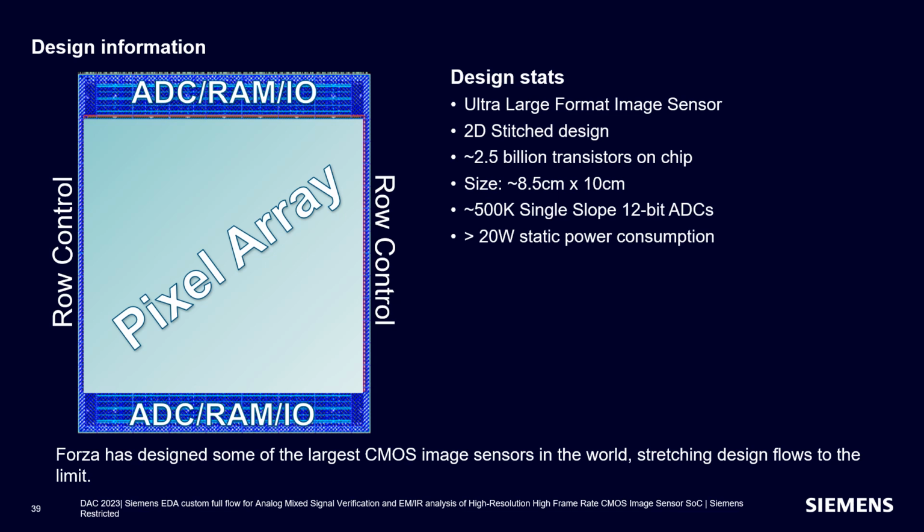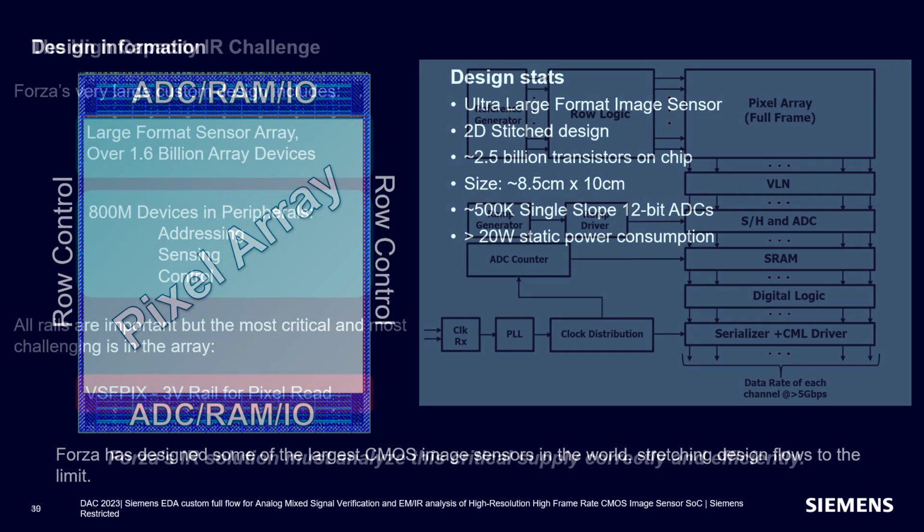Any EMIR tool will be pushed to its limits while even doing a static IR drop analysis on a sensor of this size within reasonable machine runtime and memory usage. I will show in the subsequent slides how M-Power enabled us to complete an IR drop analysis on this sensor with very reasonable machine runtimes and RAM usage.